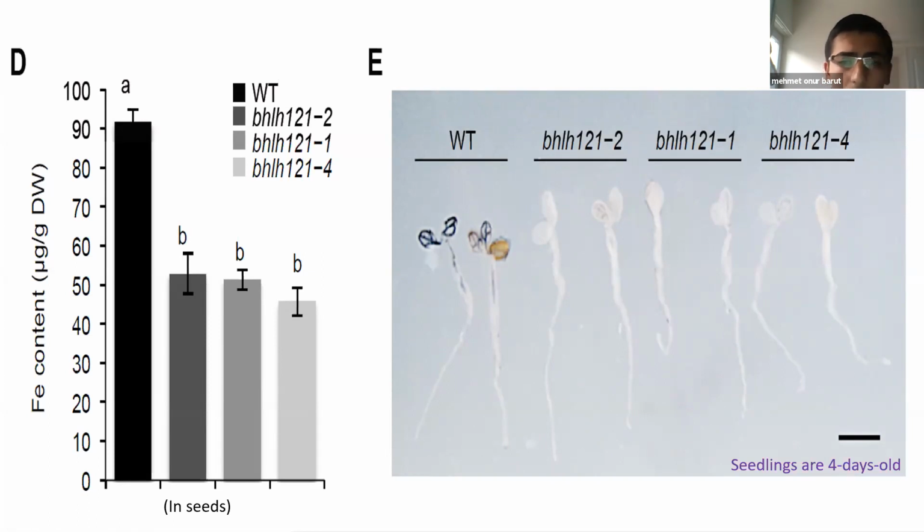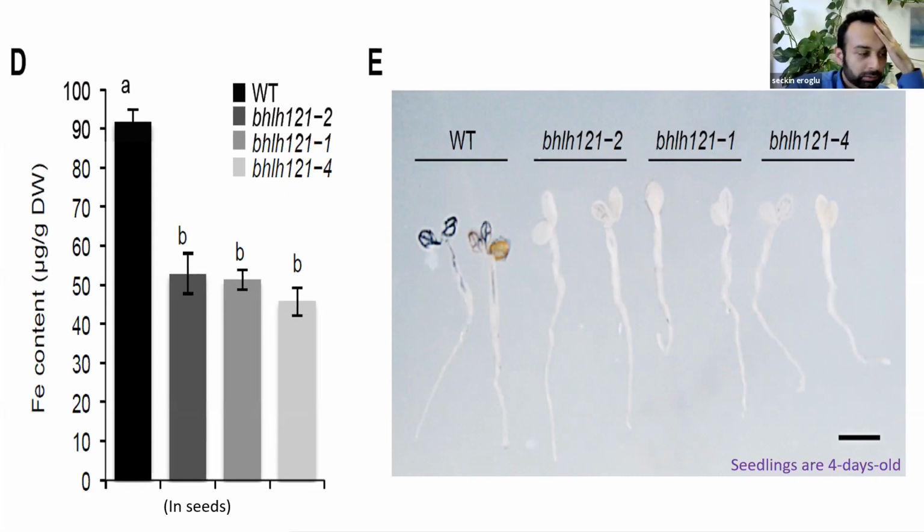Also, I didn't get why they need to look at the seeds, because I think it's expected to see a little bit lower iron content in the seeds of the mutants, because they cannot get enough iron from the soil or agar, the environment.